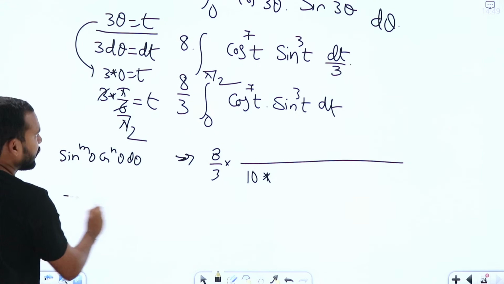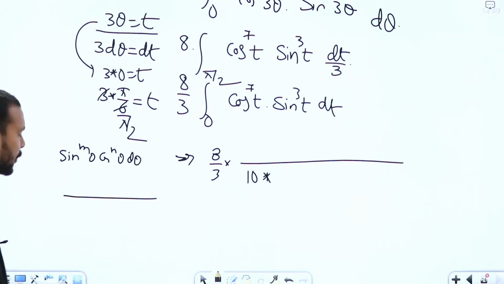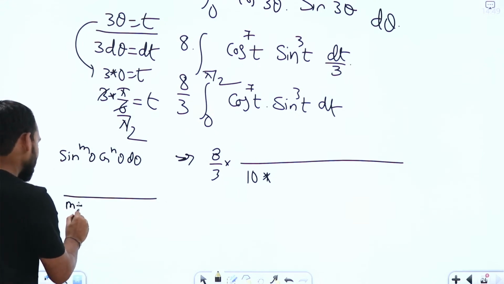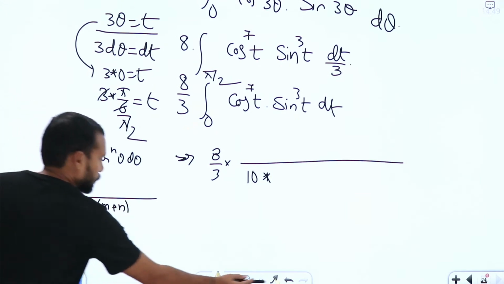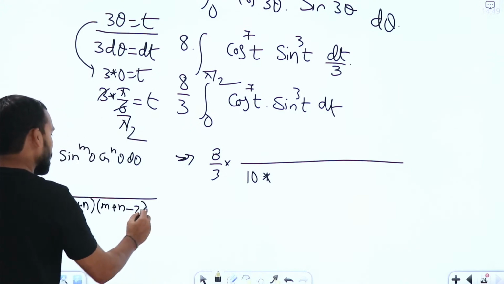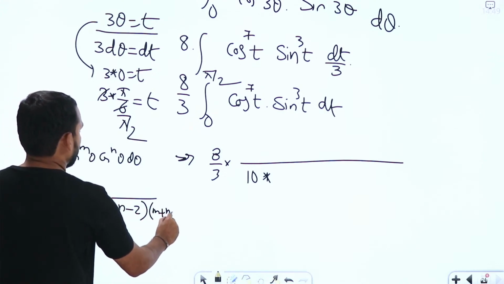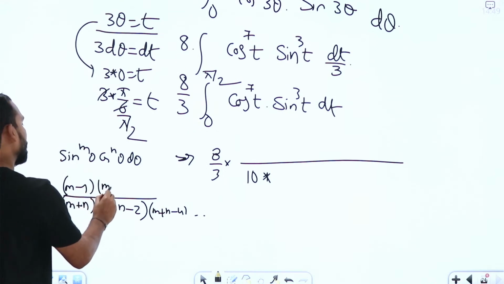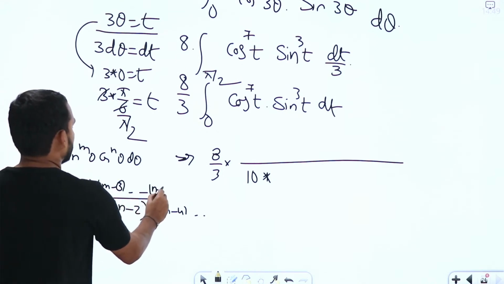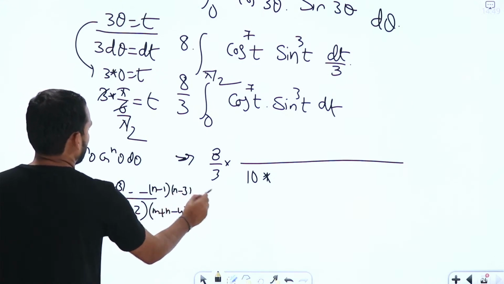In the denominator we write m plus n, m plus n minus 2, similarly m plus n minus 4 and so on. In the numerator we get m minus 1 into m minus 3 and so on, and similarly n minus 1 into n minus 3 and so on.